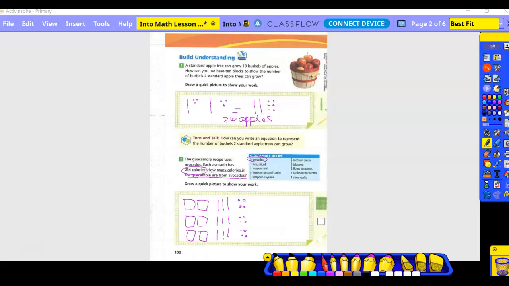I can draw. Okay, so how many small cubes do I have? I have 12, right? How many longs do I have? 9. And how many flats do I have? 6. So if I regroup this, what would that be?